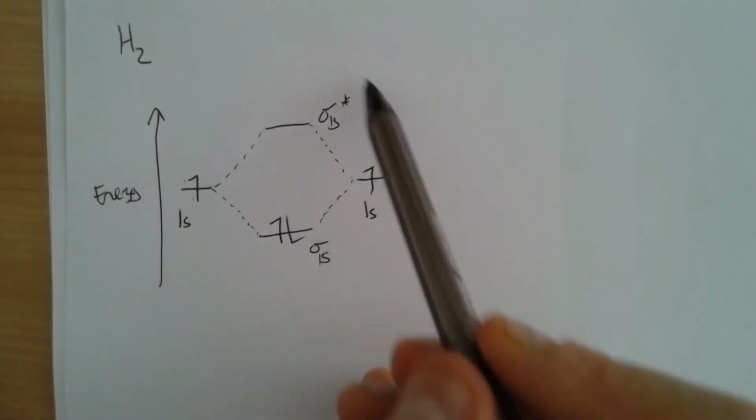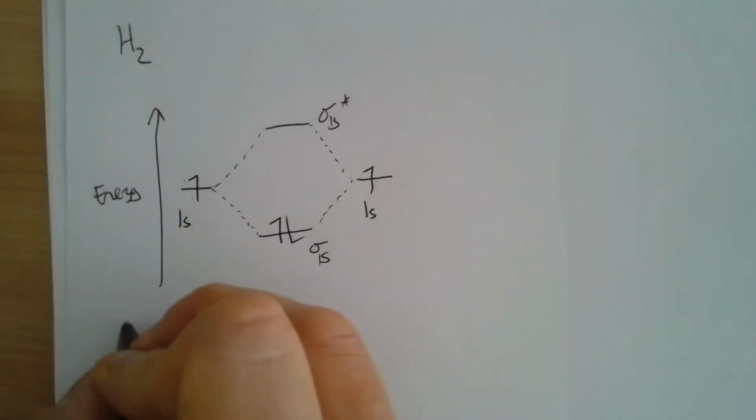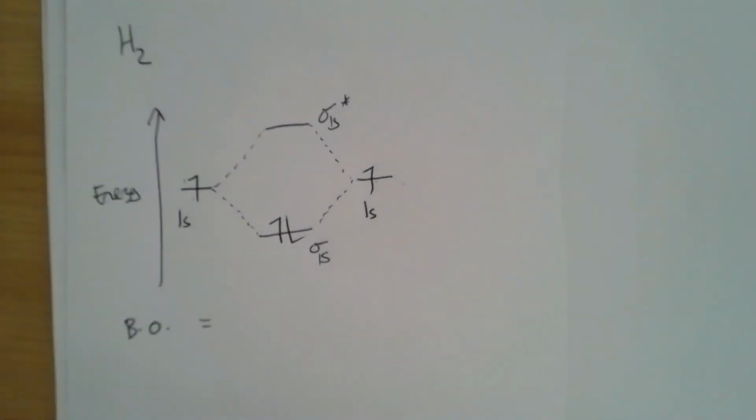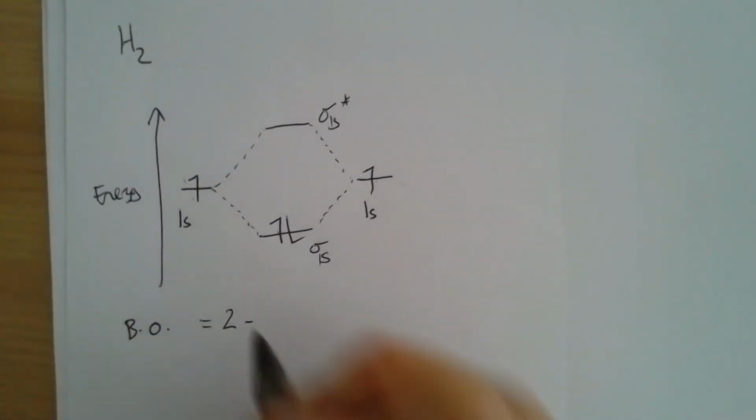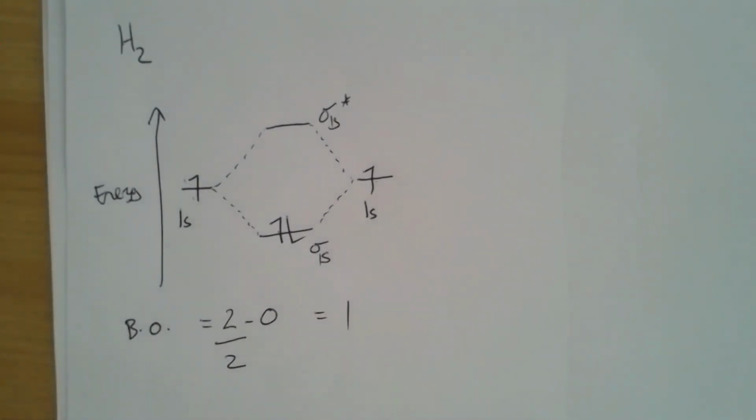So this is a molecular orbital bonding diagram for H2. If we think about the bond order, that's going to be bonding electrons, which is 2, minus non-bonding electrons, which is 0, over 2, so the bond order here is 1.